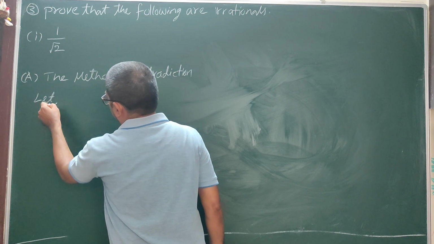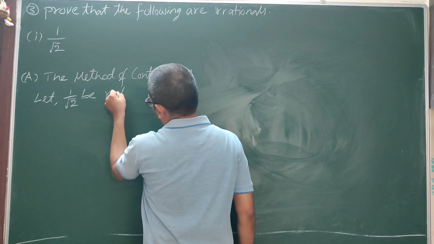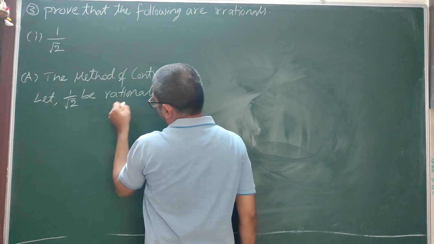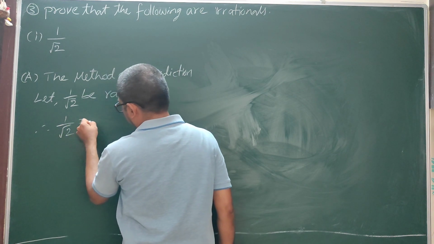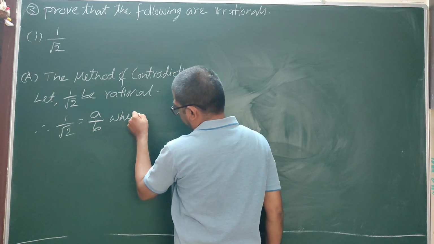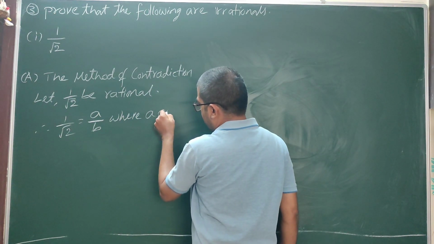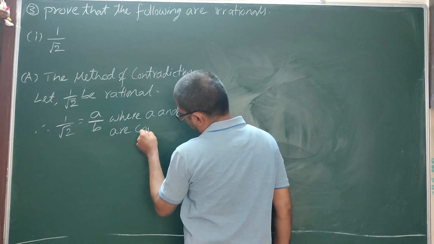Let 1 by root 2 be rational. Therefore, 1 by root 2 can be written as a by b, where a and b are co-primes.